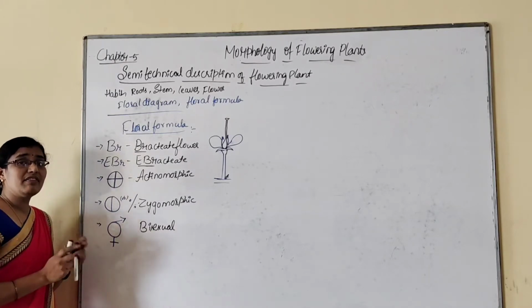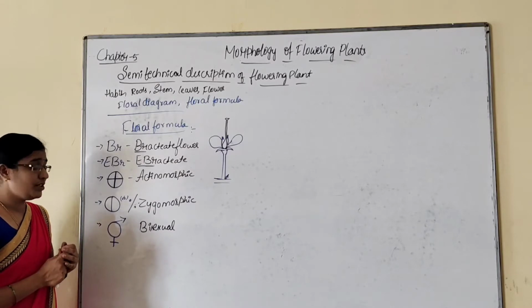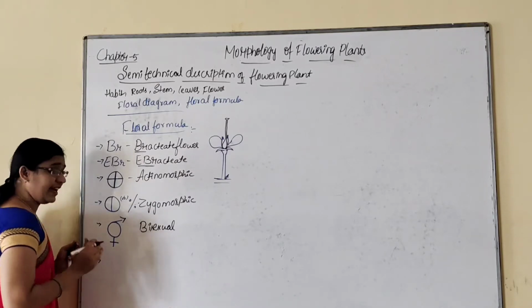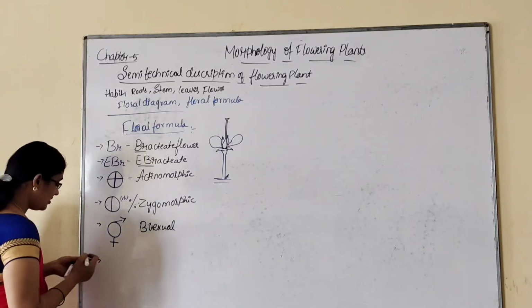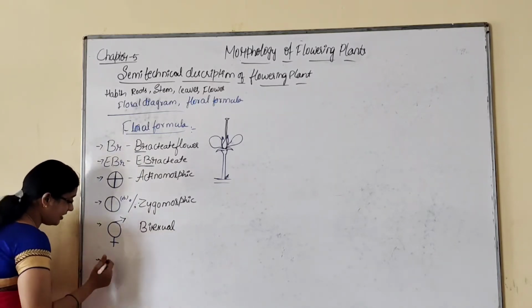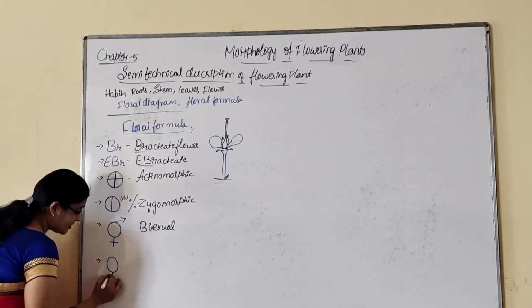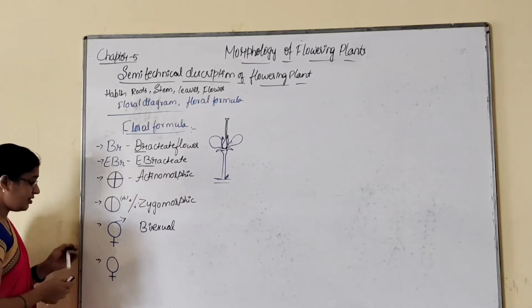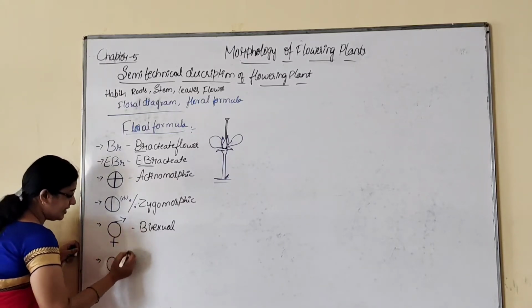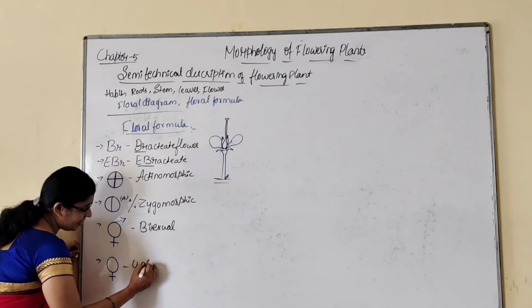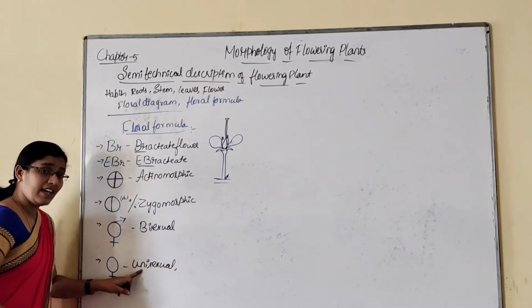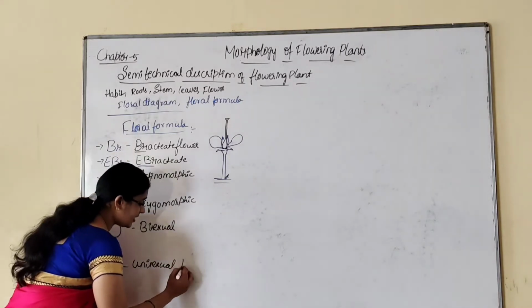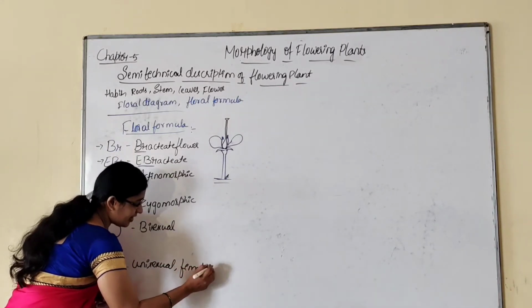If the flowers are unisexual, there we come across male flowers as well as female flowers. So if we write a circle like this and just a plus, this indicates this flower is unisexual, but it is a female flower.